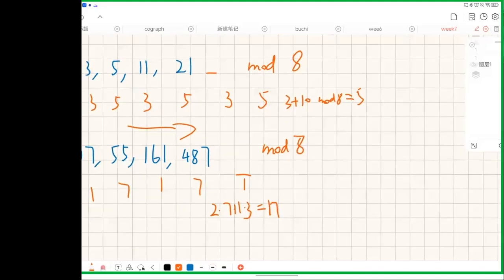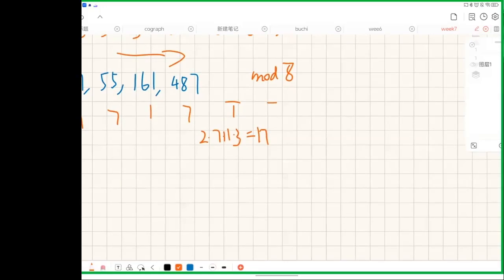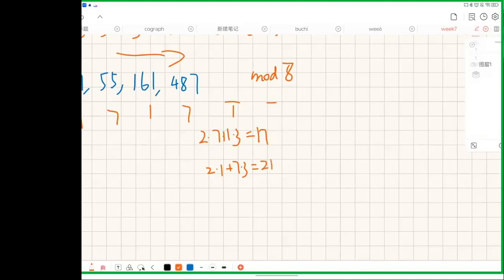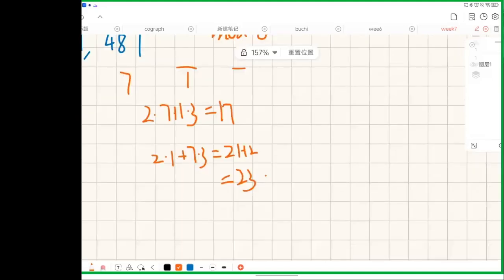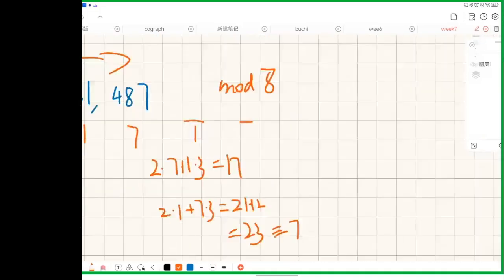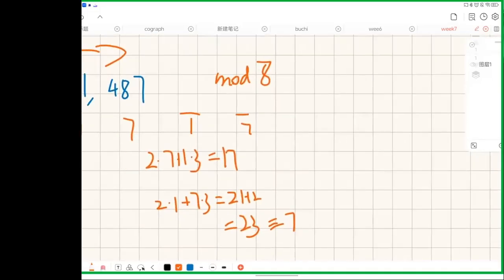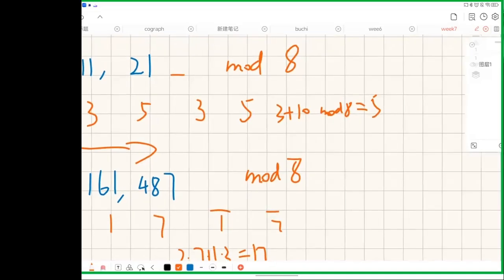So the next one is 1. And the next one will be 2 times 1 plus 7 times 3 equals 21 plus 2 equals 23, which is 7 mod 8. So it will keep going 1, 7, 1, 7, and the above one will keep going 3, 5, 3, 5.